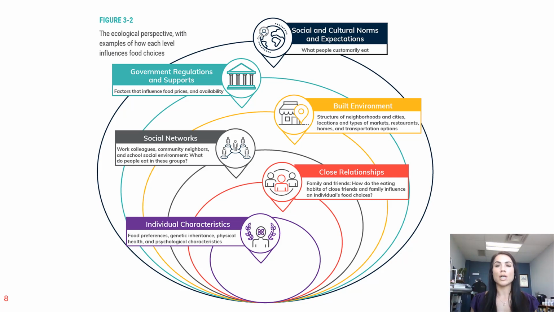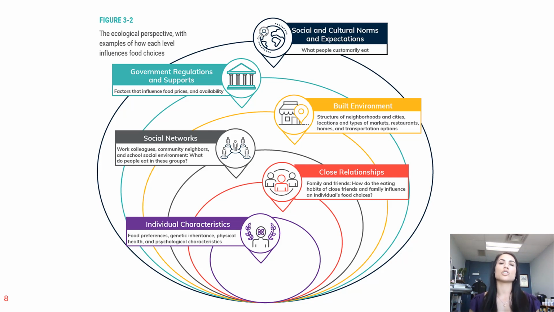And that's going to include the people, organizations, the communities, and even the cultural and social norms that influence and have an impact on them. So it's not just the individual, it's all of these things that surround them as well.